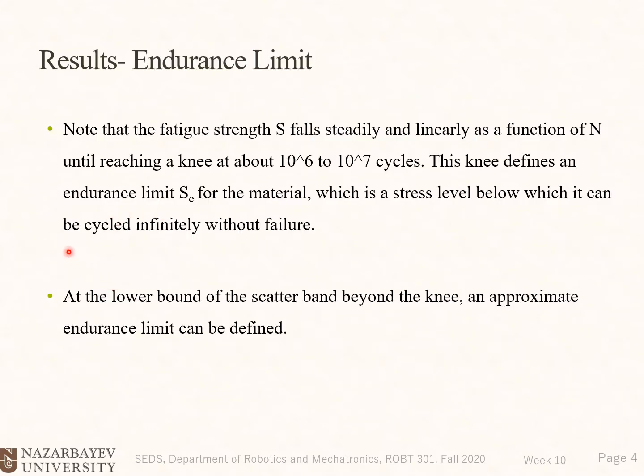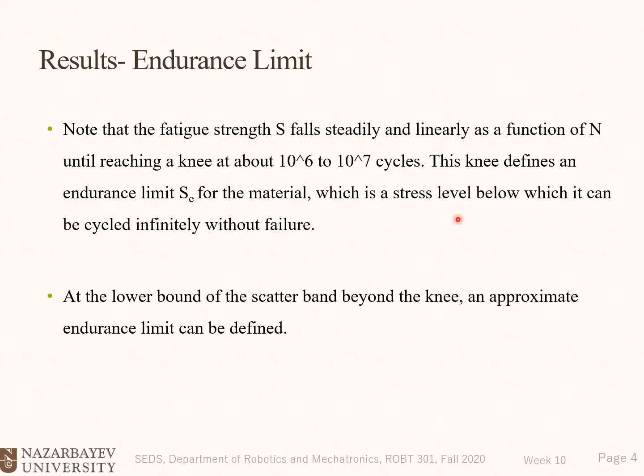Note that the fatigue strength, or SF, falls steadily and linearly as a function of N until reaching a knee at 1 million to 10 million cycles. This knee defines an endurance limit for the material, which is a stress level below which it can be cycled infinitely without failure.